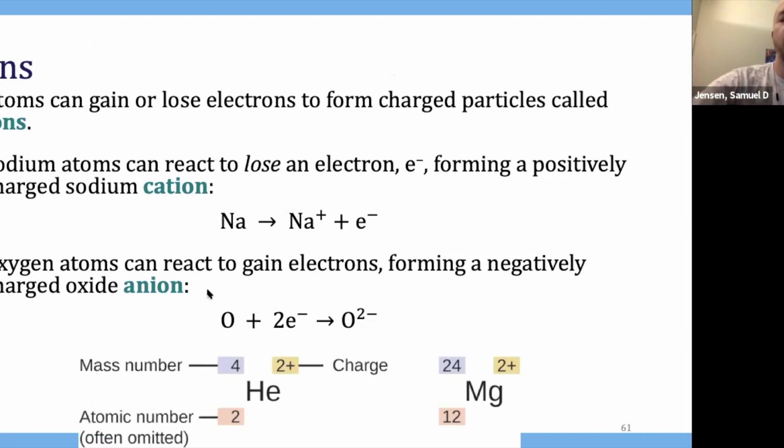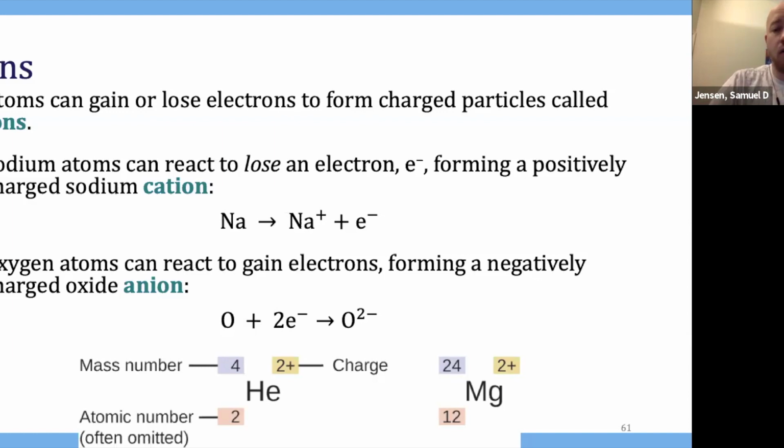Ions will be our main focus of where our chemistry is going to occur. When an atom loses or gains electrons, it will be called an ion. One of the physical properties I talked about for metals is that they lose electrons.